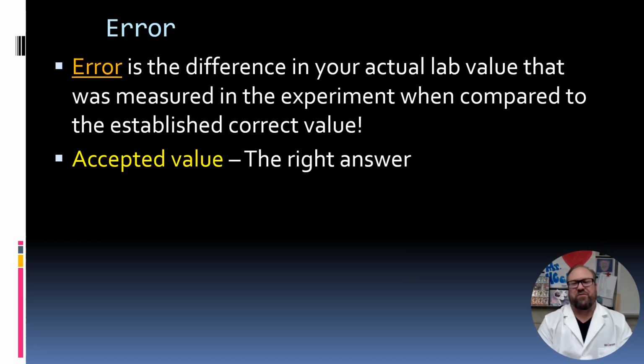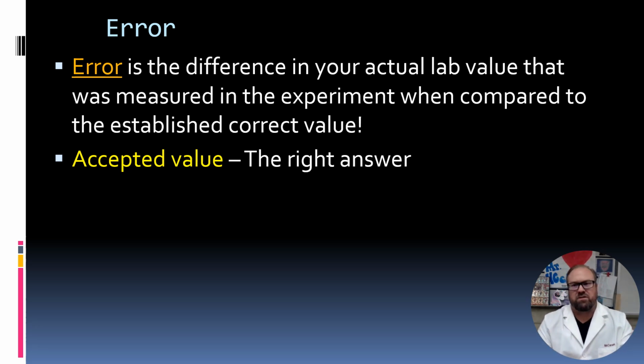All right, so the first topic we're going to talk about is error. To be very clear, error is something that is always going to occur in any laboratory experiment, whether it's a beginner lab in a high school chemistry class or working in a professional pharmaceutical lab.